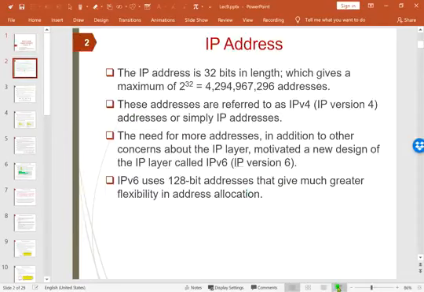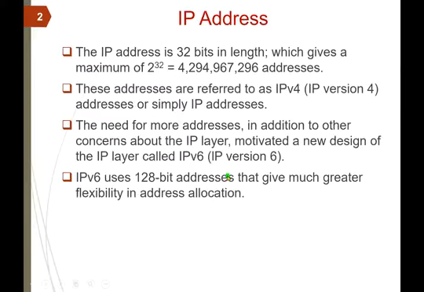So what is an IP address? An IP address is a 32-bit logical address. And if you have 32 bits, you'll get 2 to power 32, which is about 4 billion addresses. These addresses are referred to as IP version 4.